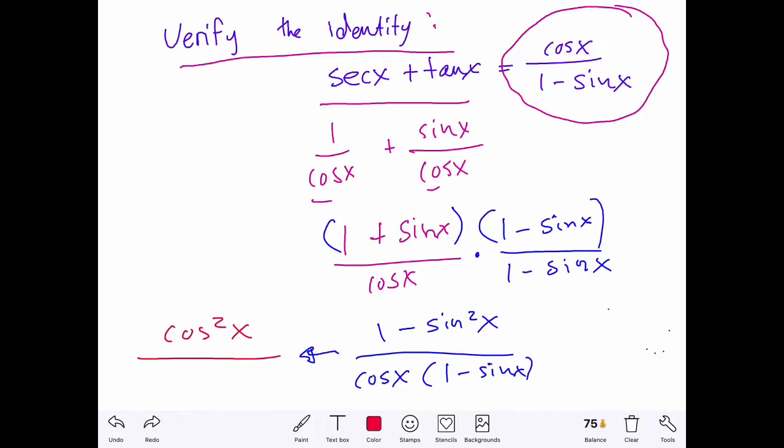Sometimes you have to manipulate those identities. That's over cosine of x times 1 minus sine of x. Now cosine squared over cosine, one of those cosines cancels, leaving me with just 1 cosine x up top over 1 minus sine x.